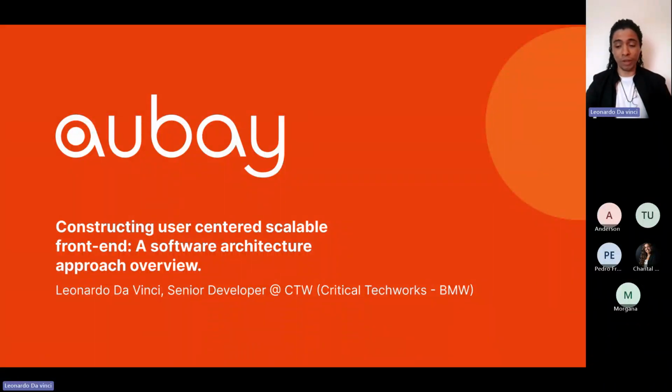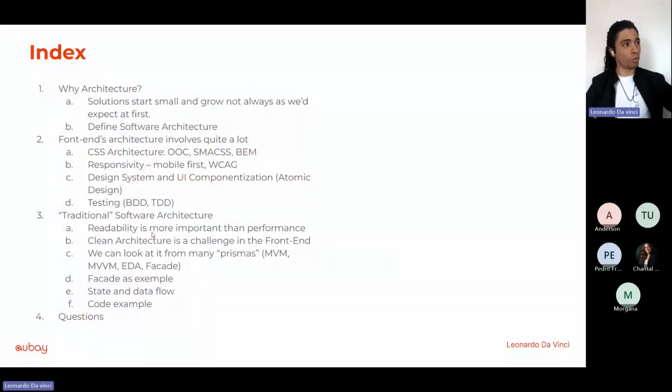So I'll run through all these points, giving you some reasons on why that is even important, and then we're going to talk about what the architecture involves in the front end that is different from what we usually see, right?